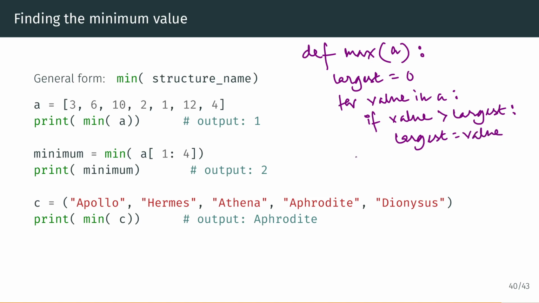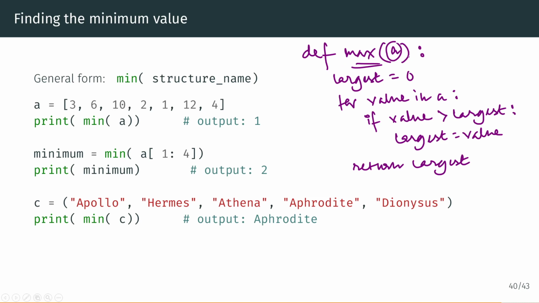And then you return the largest. Now this is, of course, assuming that all the elements in A are positive. If they are negative, then this would fail. But this just gives you an idea of how you define your own max function.